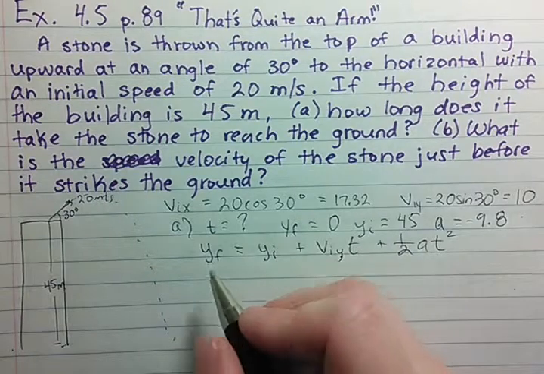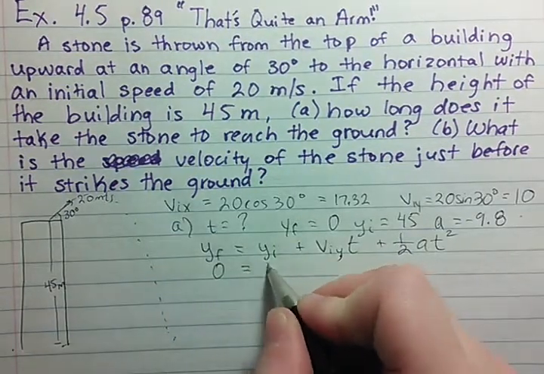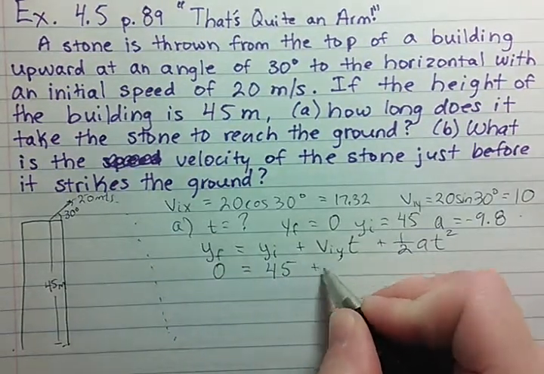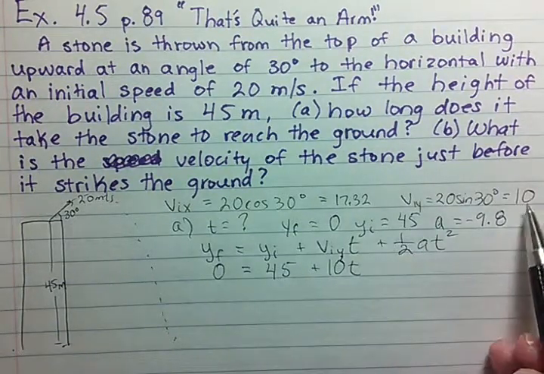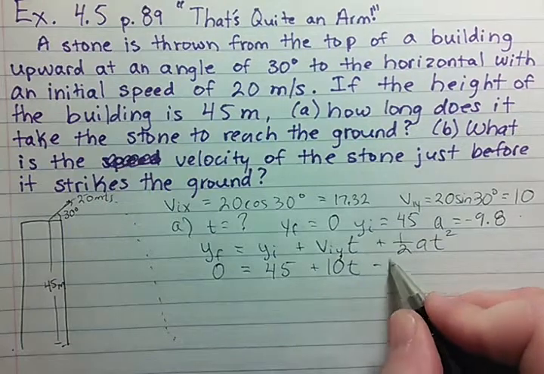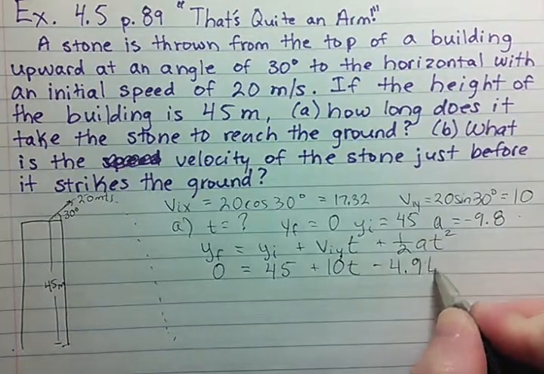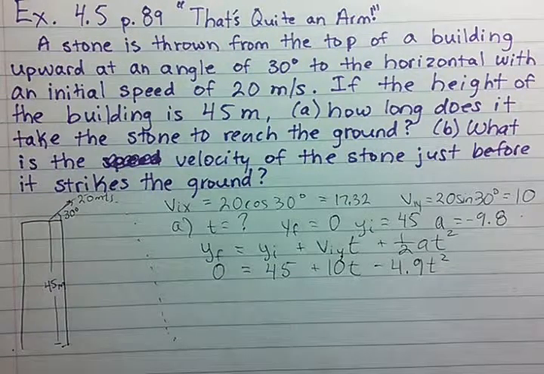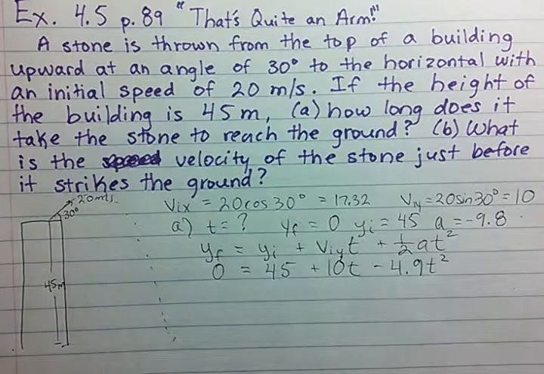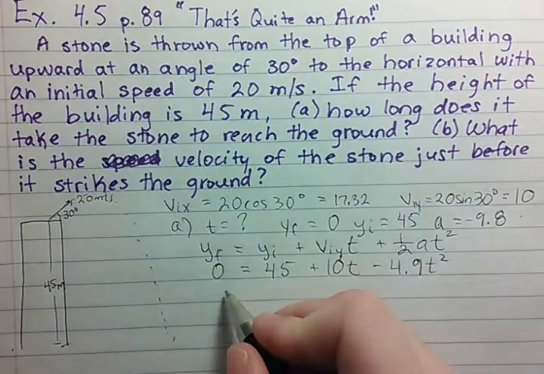So let's plug and chug. And that 10 just comes from our initial component in the y direction. All right, now we have something that looks like we need to use a quadratic equation for. I always like the first term to be positive, so let's just switch this around a bit.